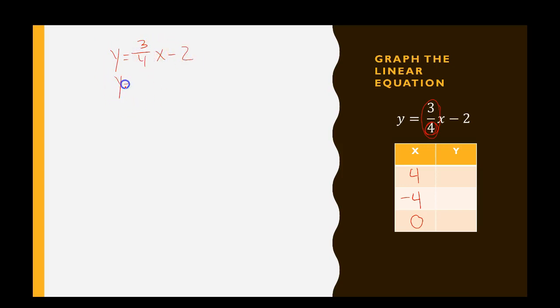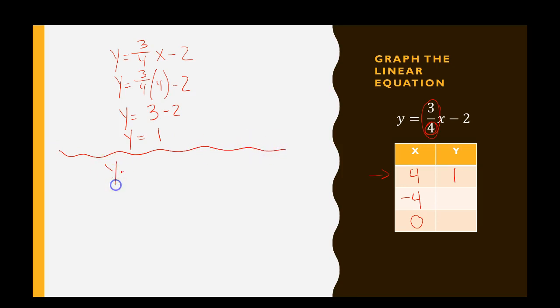So let's plug in my first value, which is a +4. When you do 3/4 times 4, whether you do that in the calculator or in your head, you're going to end up with just a +3, which means your y value is going to yield a whole number.